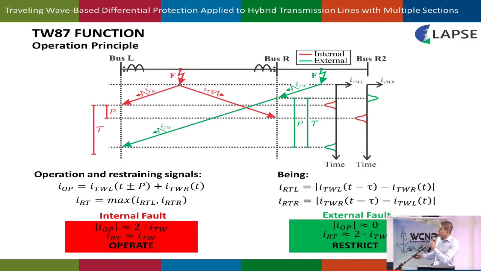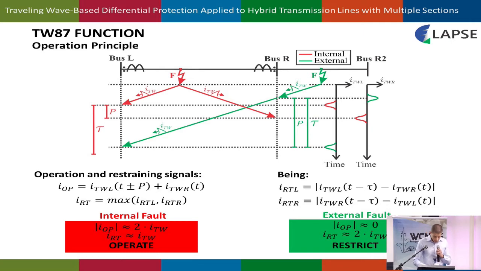However, for an external fault, they have opposite polarities. And for internal faults, P, the interval between the incident instants on the terminals, is shorter than the transmission line propagation time tau. For external faults, P is about the same as tau.